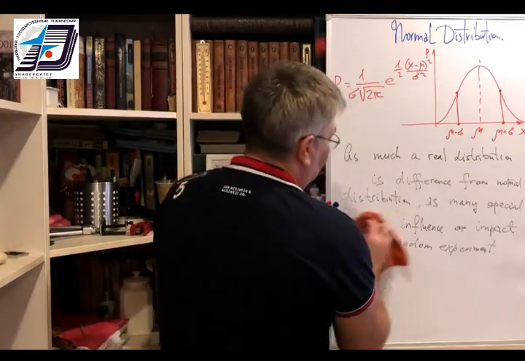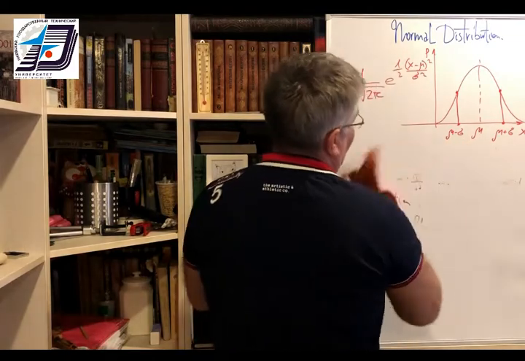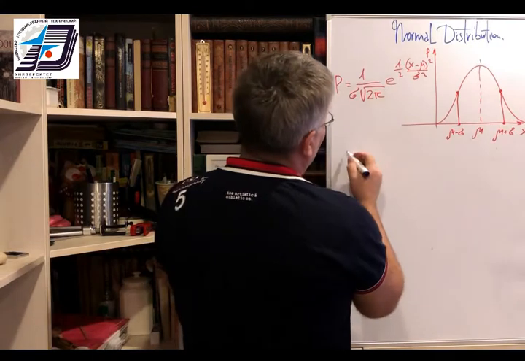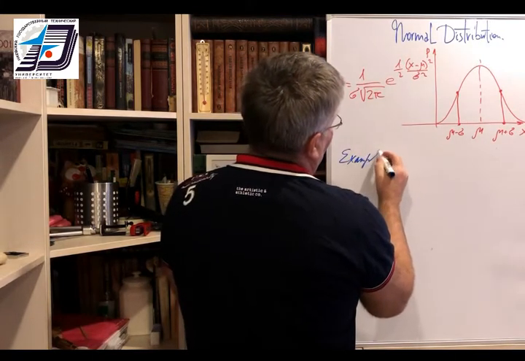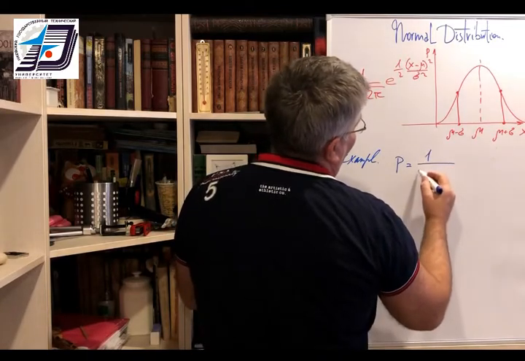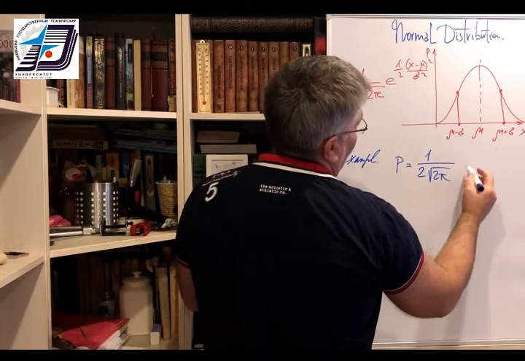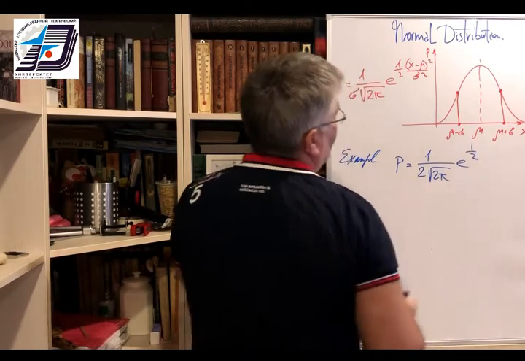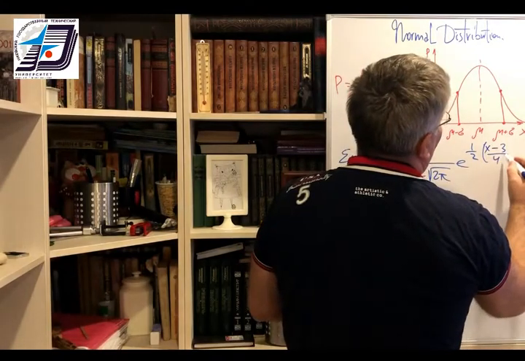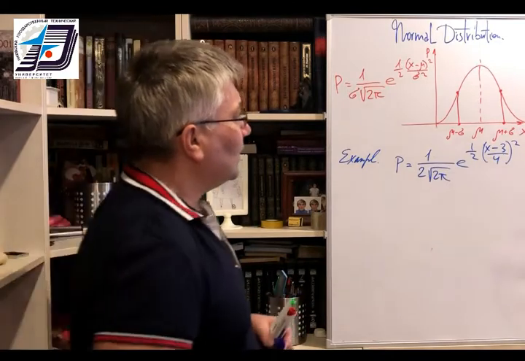Example. For example, you have p equals 1 over 2 root 2 pi, exponent of minus one half, x minus 3 over 2, squared.